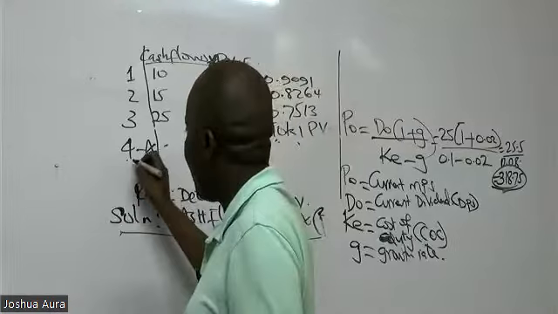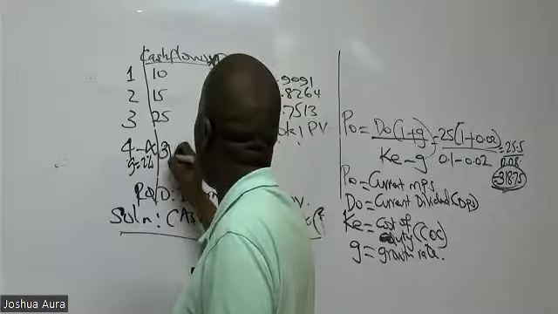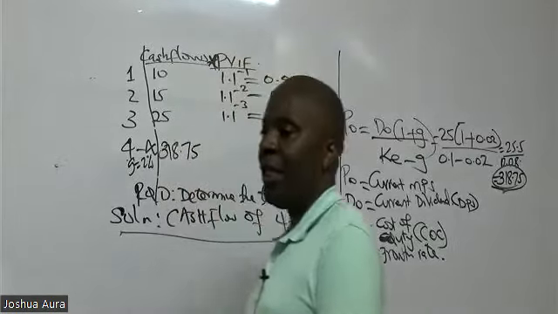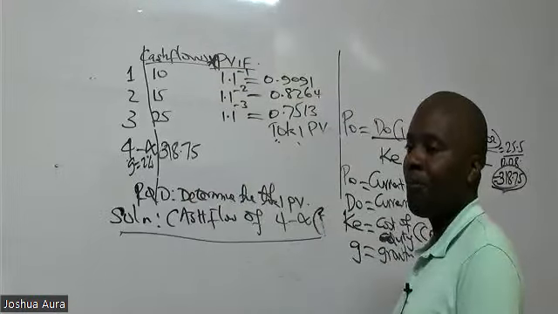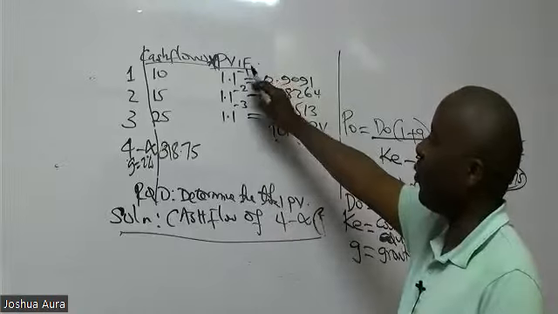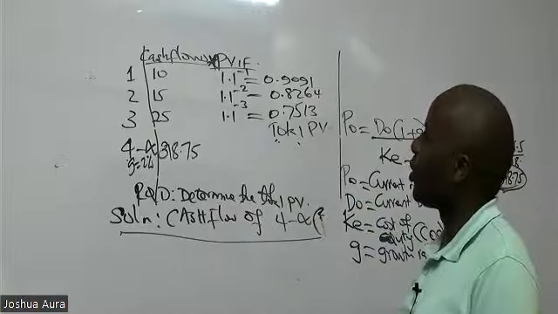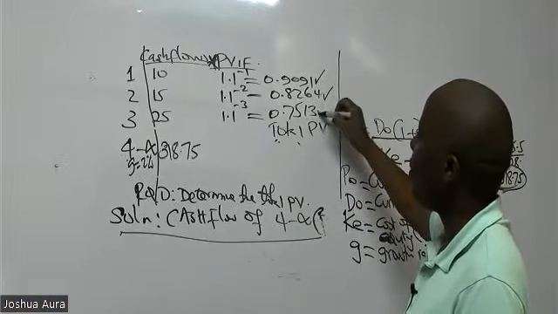So year number 4, remember the growth rate is 2%, but the cash flow is this 318.75. And then remember the PV will remain the same because the cost of capital is still 10%. So year number 1, correct. Year number 2, correct. Year number 3, correct.